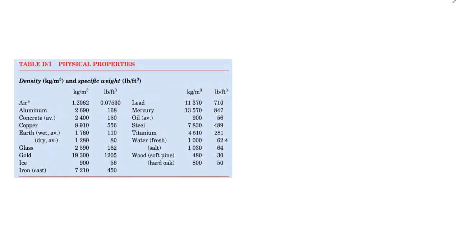And if you look at table D1 for physical properties, we have the densities given, again metric. So the density for the copper is given to us as 8,910 kilograms per meter cubed, and the density for the steel is given as 7,830 kilograms per meter cubed.